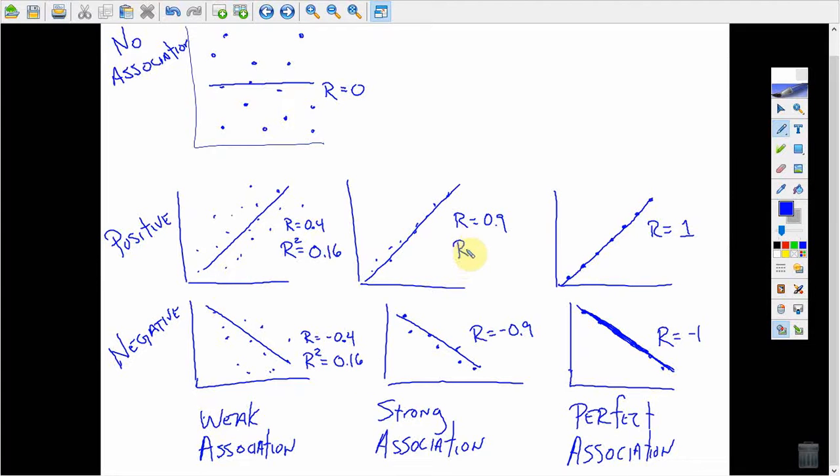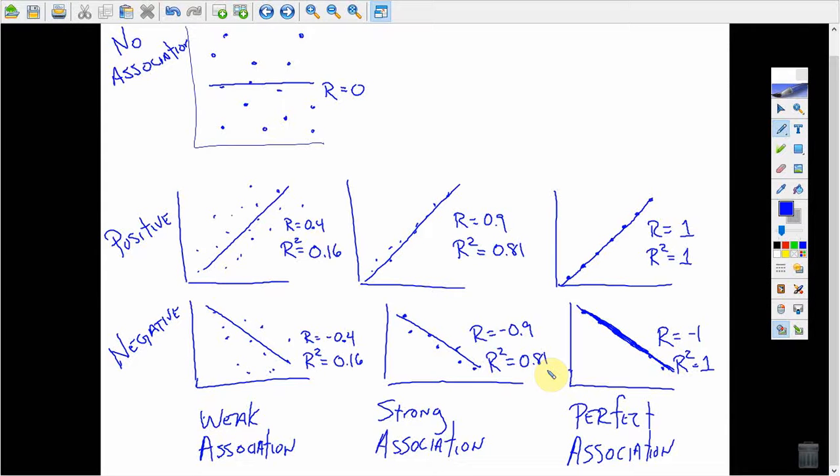So the R squared on this becomes 0.81. Interestingly, 1 squared is still 1. Negative 1 squared becomes positive 1. And negative 0.9 squared becomes positive 0.81.